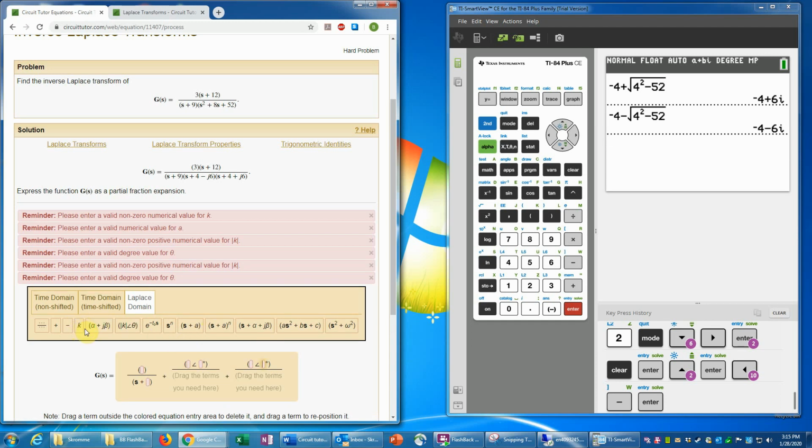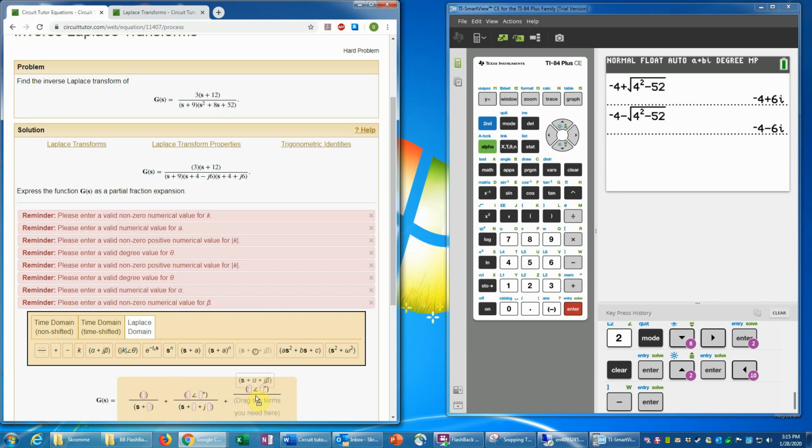Remember, you can't use k for a complex number. That's intended to be a real number. And again, the little tooltip that pops up reinforces that's a real constant. This one's a complex constant in rectangular form. This is a complex constant in polar form. Okay, so now also we need a term that has a complex root, so we need an s plus alpha plus j beta, another term like that.